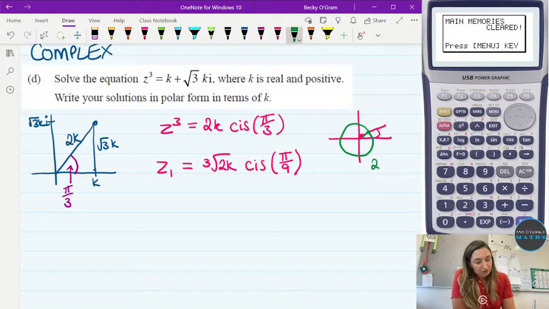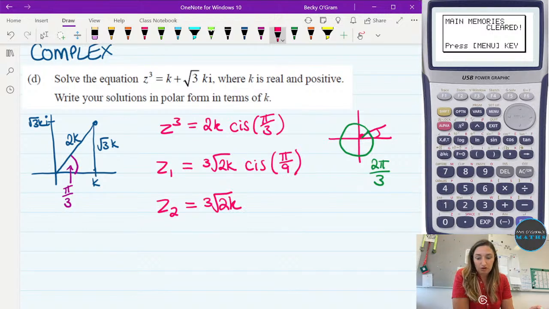So our full circle is 2 pi, and we need to divide it by 3 so that we know the gap between each of our roots. So it's full circle divided by 3, that's going to give us the gap from our first root to the next root. So now our next root will be the cube root of 2k, because the distance away from the origin hasn't changed, but we will take our argument and add on 2 pi by 3.